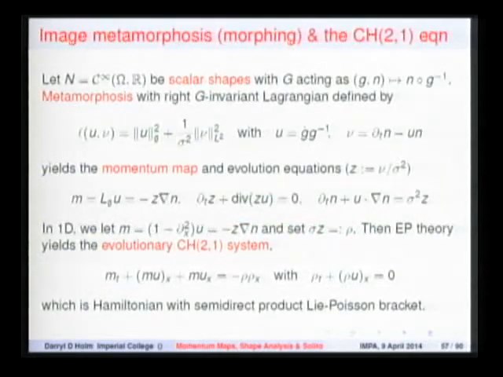Okay, so I want to look at a particular case where our cost function is going to be for scalar shapes, okay, with G acting from the right by G inverse, and our cost function is going to be the kinetic energy on the flow, and also this quantity nu with the tolerance on the templates.